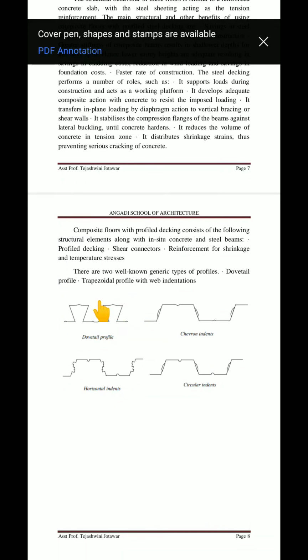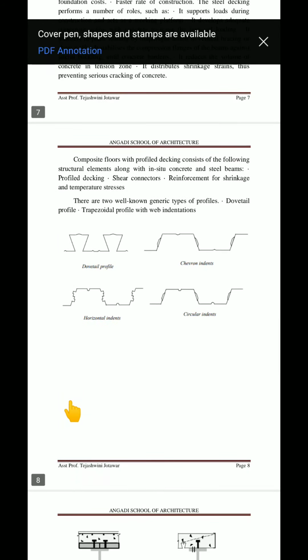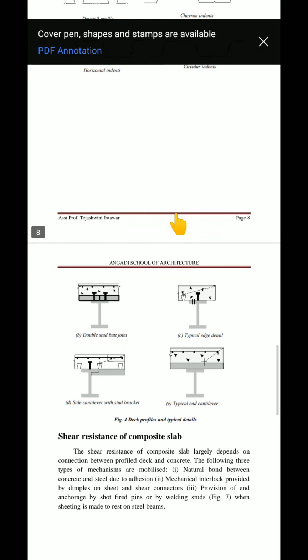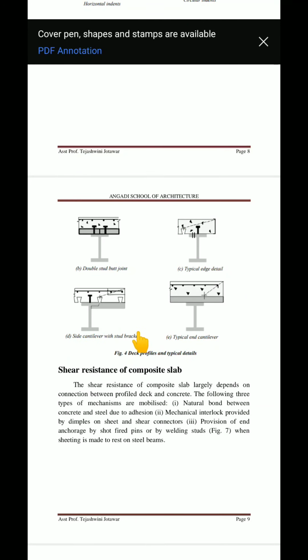This is a dovetail type and this is a horizontal indent type, or we can call it a dovetail and a trapezoidal type. So these are the basic two types of profiles available. So these are the arrangements where we need to remember some of the details while providing a profiled sheet decking.